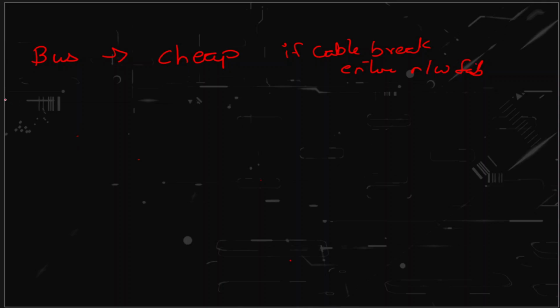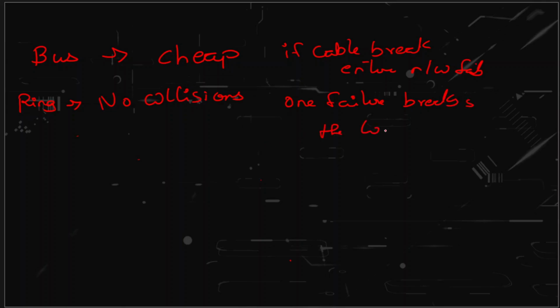Then coming to ring topology: no collision will happen because everything flows in one direction, but one failure breaks the loop.